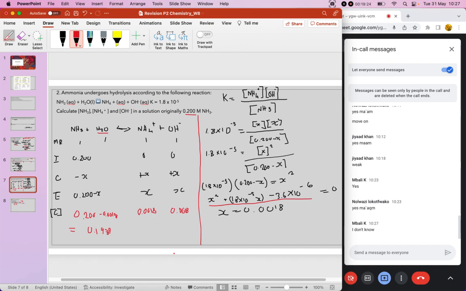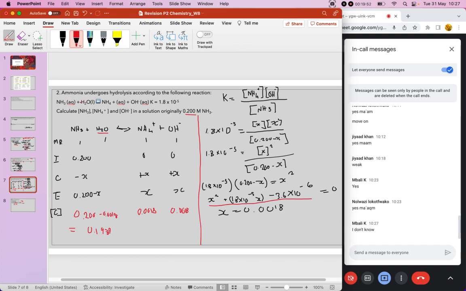Okay. The reason we're not given anything for water is that in the balanced chemical equation, water is liquid. Remember, while we do this calculation, we are dealing with an equilibrium constant, and for your equilibrium constant expression, you cannot include the liquid phase.